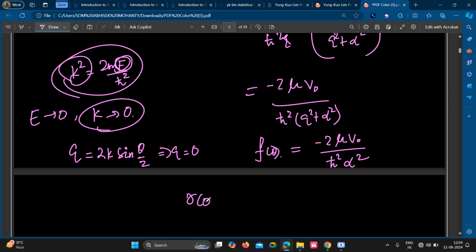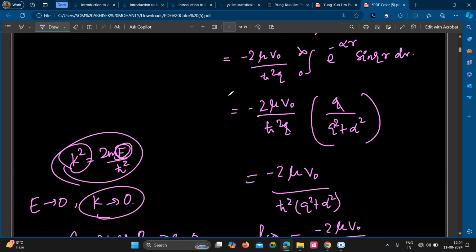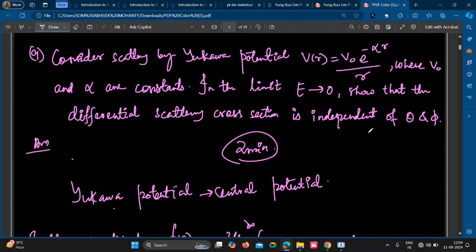Differential cross section sigma theta is the square of f of theta, which is 4 mu square V naught square by h cut fourth alpha 4. So this expression is devoid of theta and phi. It doesn't have theta and phi, so it is independent of them.